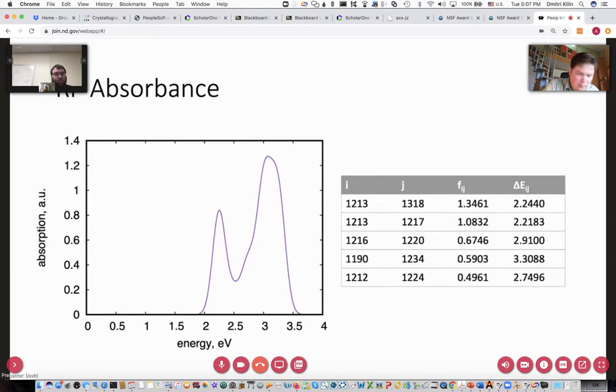As for the Ruddlesden-Popper model, we see a structure with 2 peaks with what might be a couple of shoulders on one. Definitely one second shoulder.